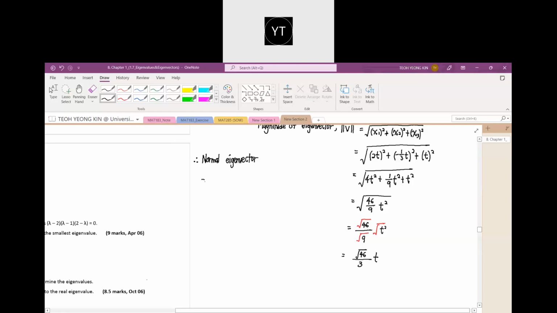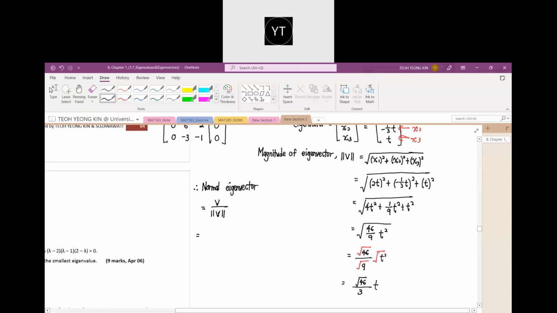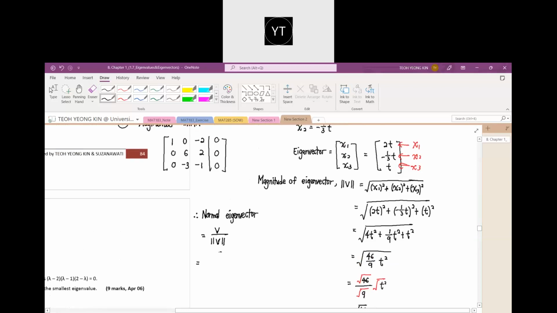the formula is V eigenvector divided by the magnitude of the eigenvector. So where our eigenvector, so I can put in this way. So let's say I put this way. Our eigenvector will be 2t, negative 1 over 3t, and t. Ini eigenvector kita.